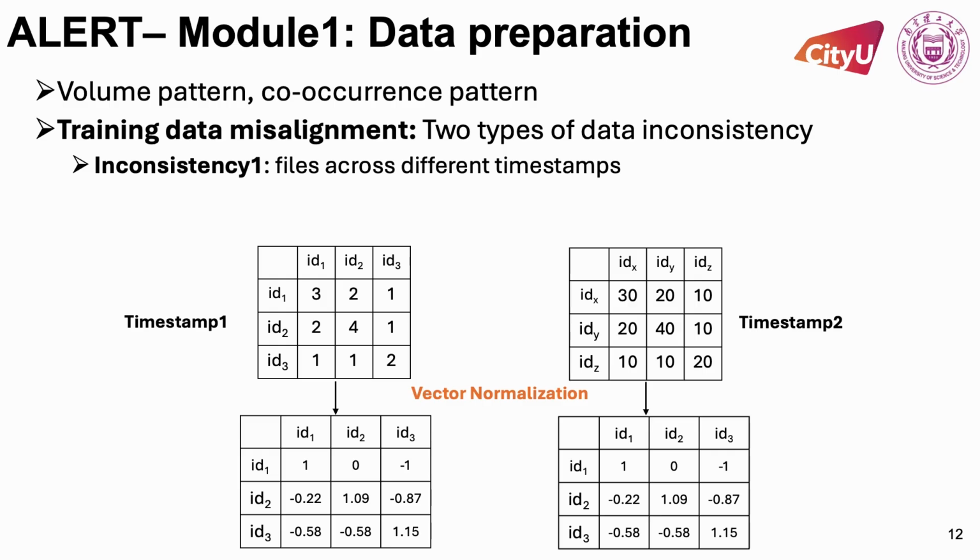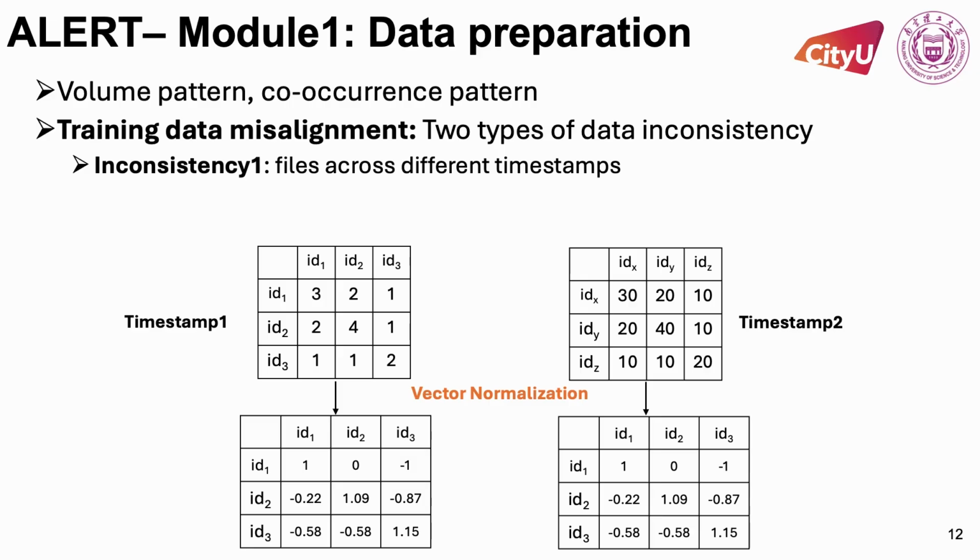To address the feature misalignment issue in training data preparation, we specifically tackle two types of inconsistencies. The first inconsistency stems from variation in the number of files collected at different timestamps.